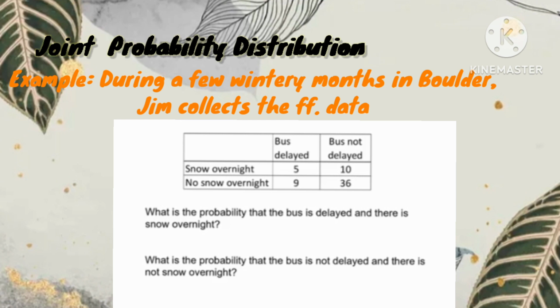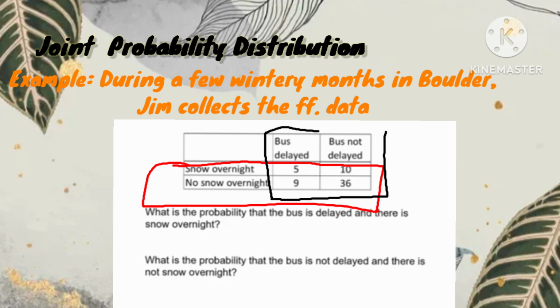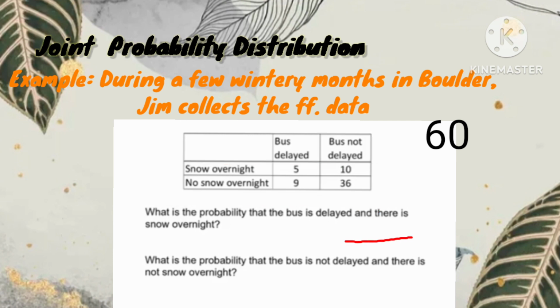During a few wintry months in Boulder, Jim collects the following data, where he observed whether or not there is snow overnight and whether or not the bus is delayed. As a result, we have a total of 60 observations here. What is the probability that the bus is delayed and there is snow overnight?